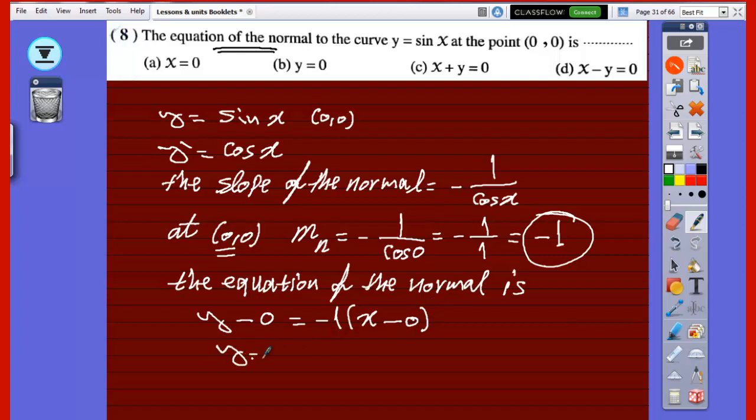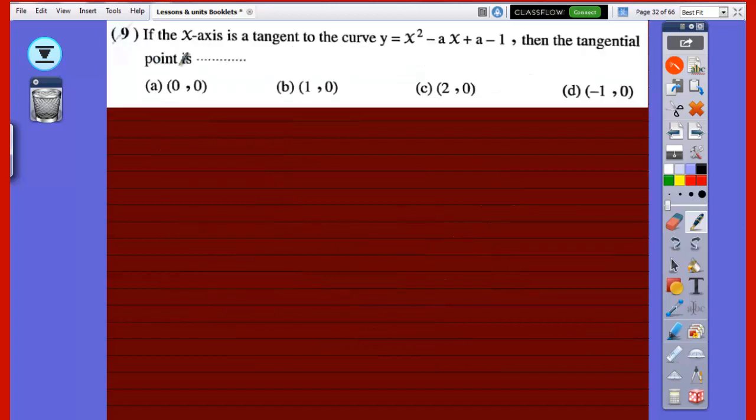So y equals negative x, which implies y plus x equals 0, and the solution will be letter C. Answer is C.